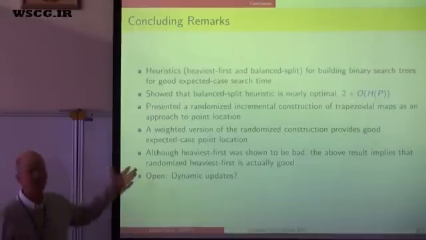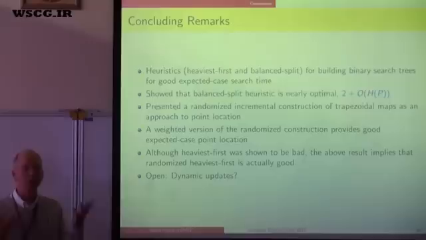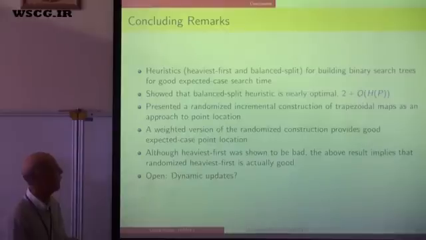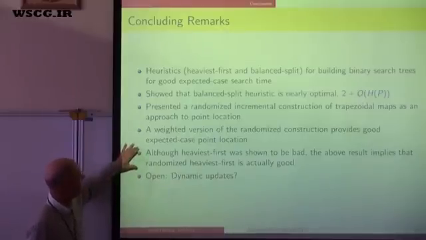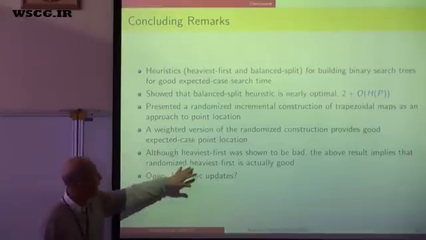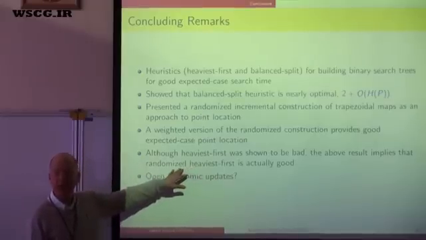If you really wanted to do point location with regions with different balance factors, this kind of algorithm would be a reasonable one to perform. We showed that although the heaviest first algorithm was bad, I mentioned that I wanted to return to this question at the end.